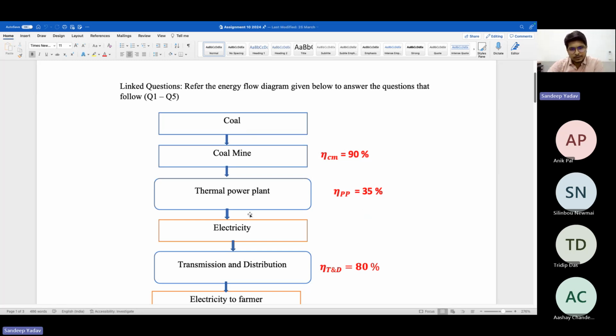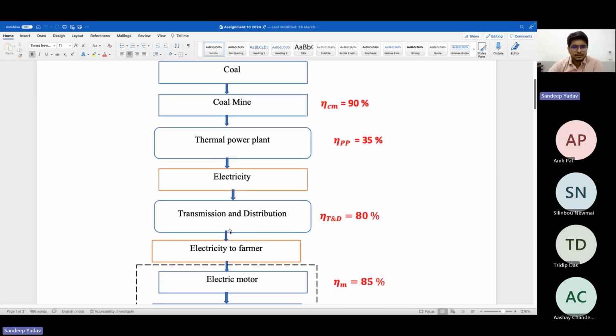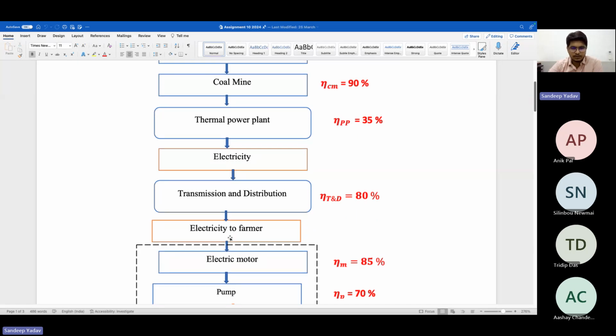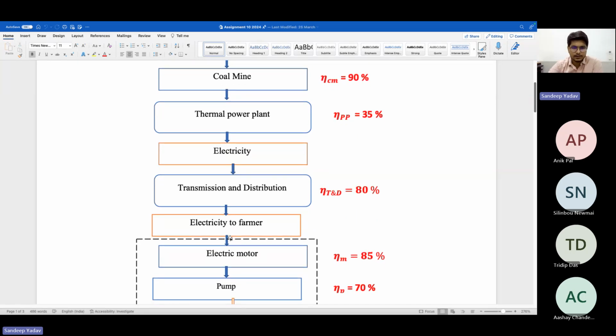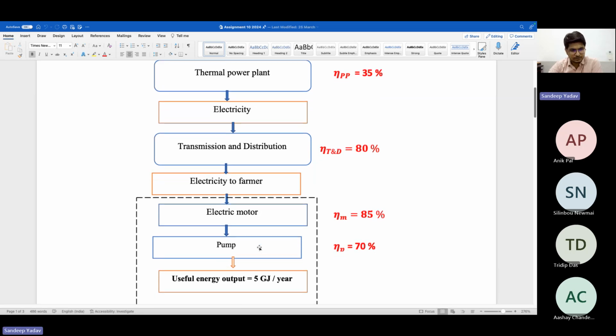From the thermal power plant, electricity is generated, and in transmission and distribution, 20% of the energy generated is lost, and electricity reaches the farmer, and the farmer uses it for agriculture to run a motor, which has an efficiency of 85%. And the motor is used to run a pump, which shows an efficiency of 70%. Finally, at the end use, we are getting 5 gigajoule of energy per year.